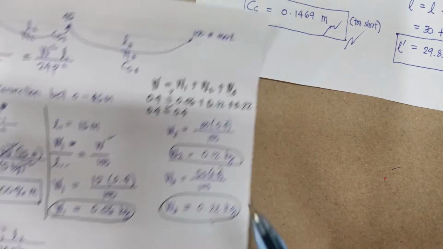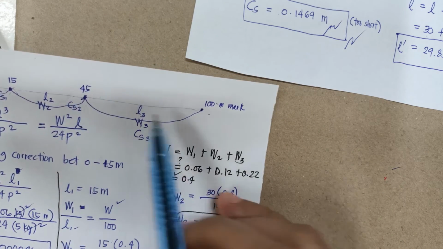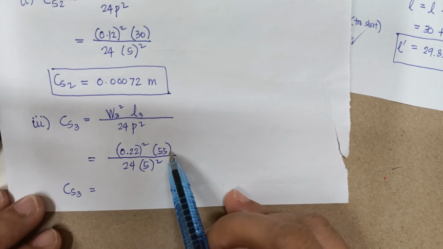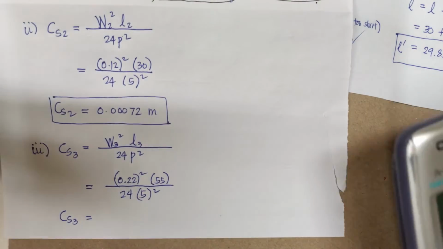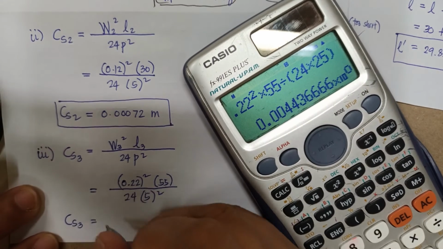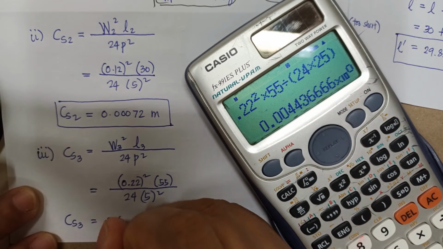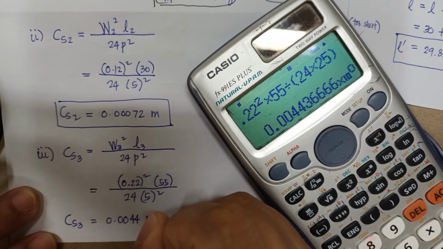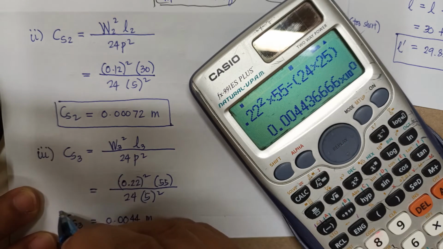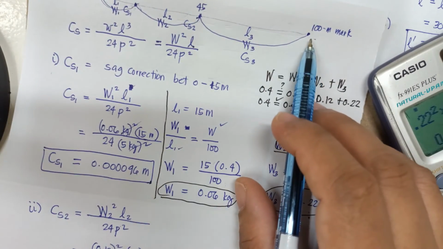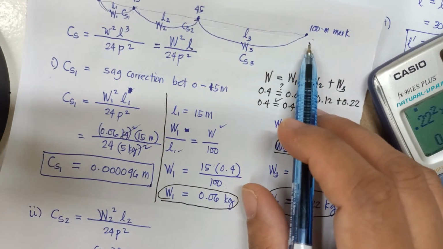And of course, L3 is the distance between 45 to 100, which is equal to 55 meters. That gives us 0.0044 meters. So this is the sag correction between 45 to 100 meters.